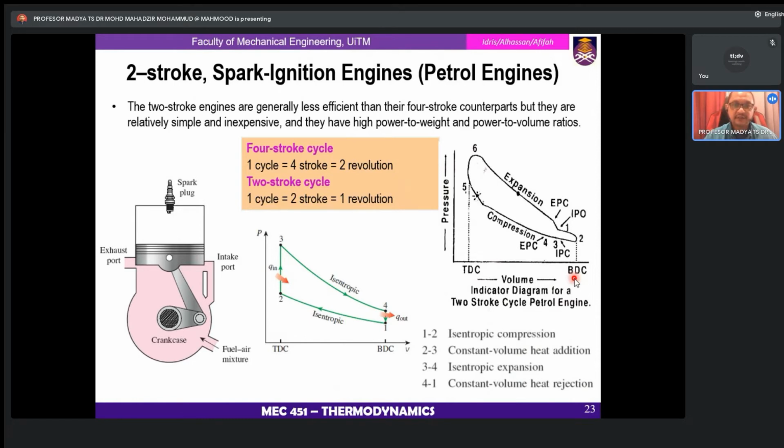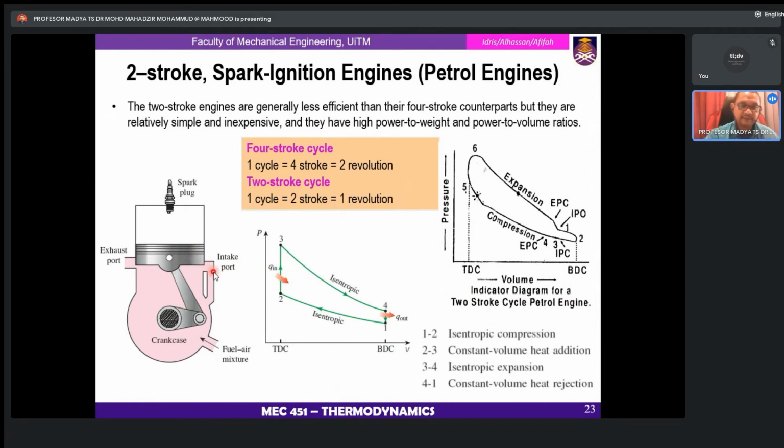So the revolution is only one for two stroke. Okay, this picture shows the engine of two stroke. Fuel and air will be pre-mixed and then go into the cylinder, and from here it will wait at the intake port when the piston is at BDC.